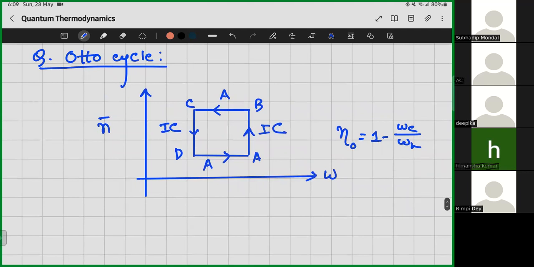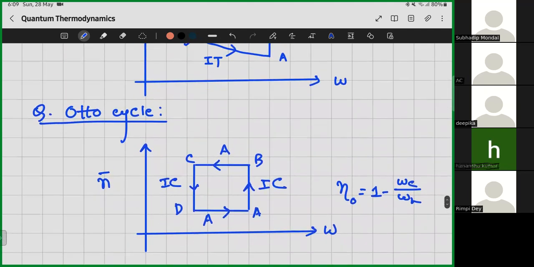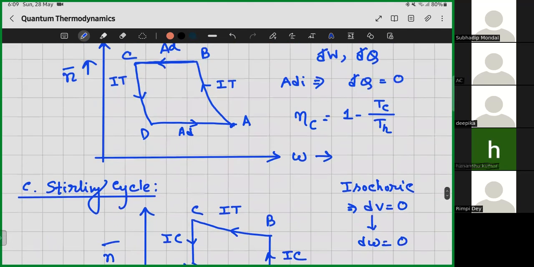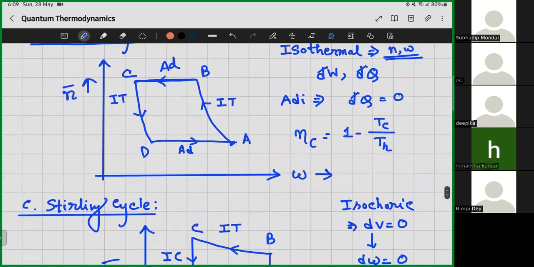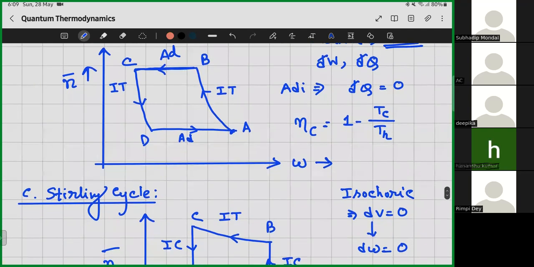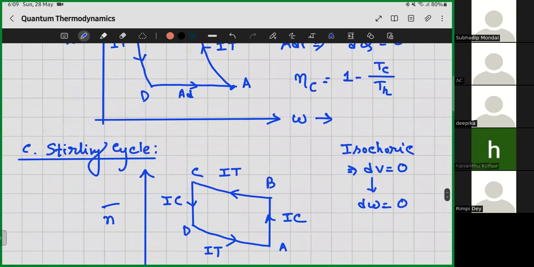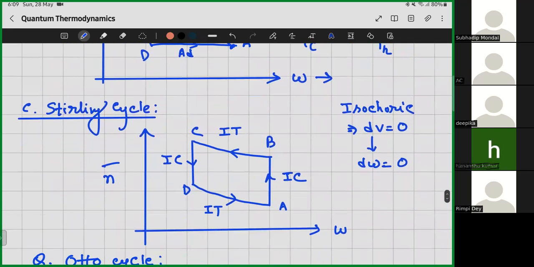The nomenclature isothermal, where temperature is constant, is okay, and adiabatic is also okay. But isochoric means the volume does not change. That does not mean there is no other work or energy; it is only that the mechanical work is 0.